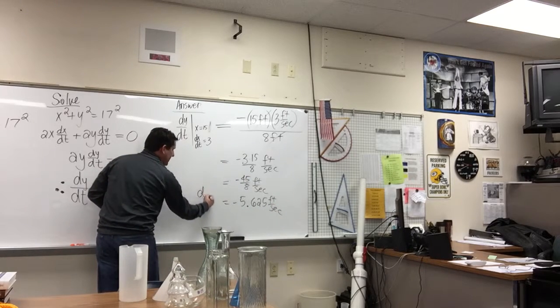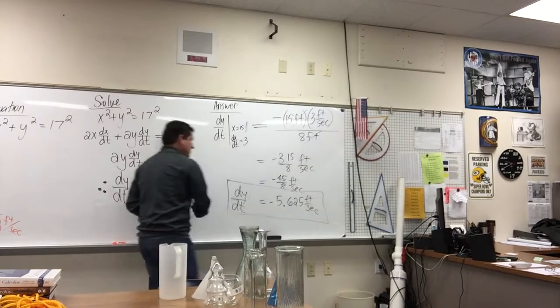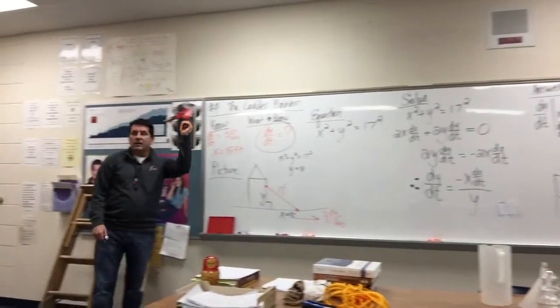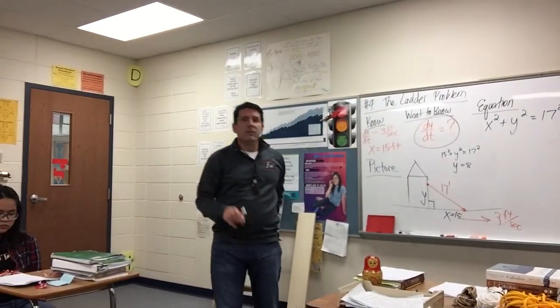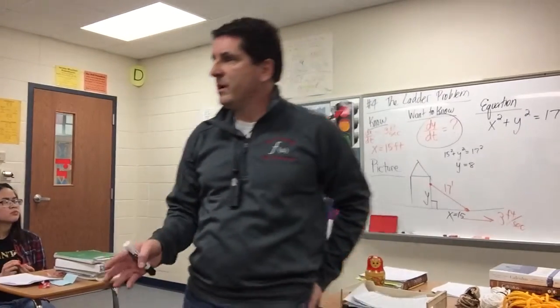So this is what dy dt is. All right, negative 5.625 feet per second. What does that mean in the context of this problem?